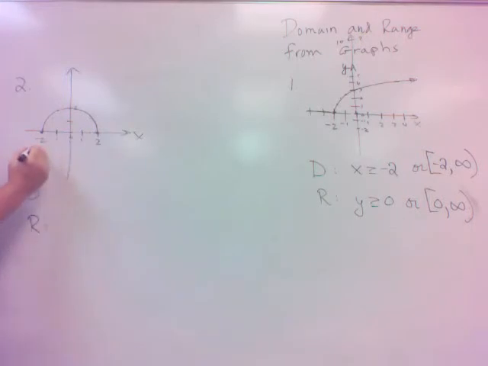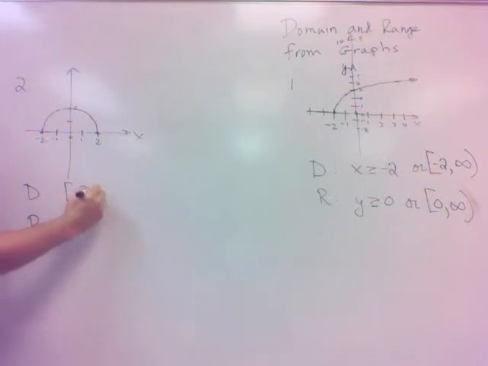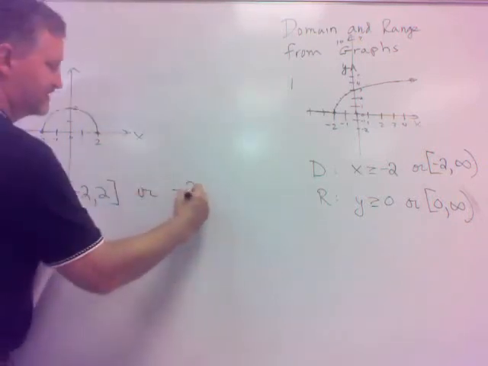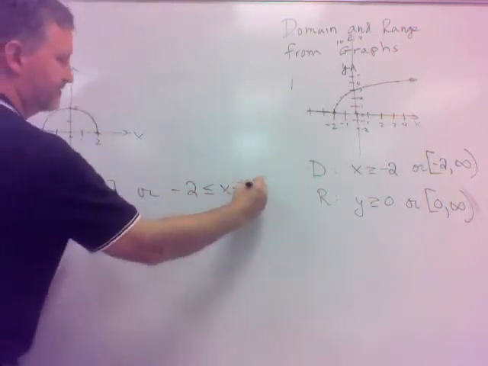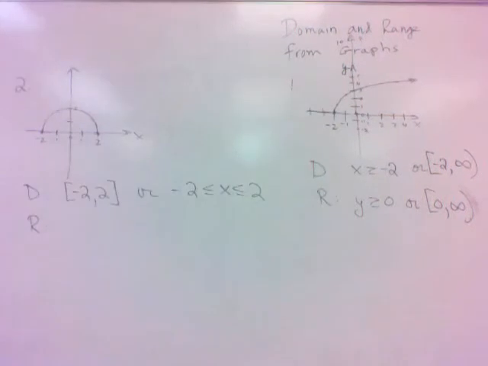So what are you thinking? -2 to 2, and that one probably is easier to use the interval notation. -2 to 2 meaning everything from -2 to 2. Now, if you write that as inequalities, you know how to do that one? This looks like this. If you want to use that. Okay?